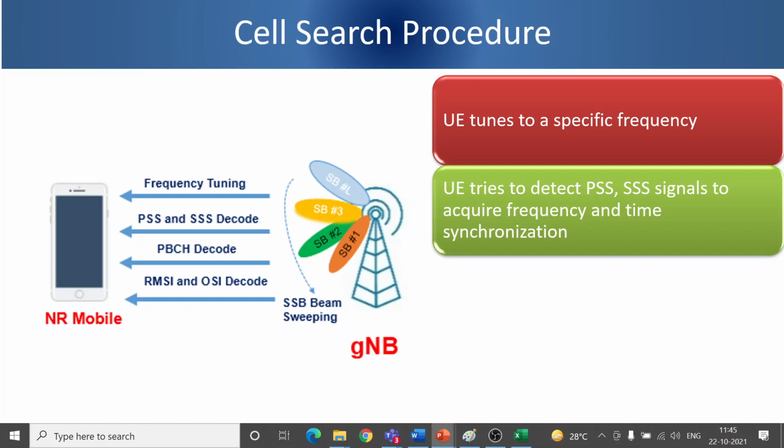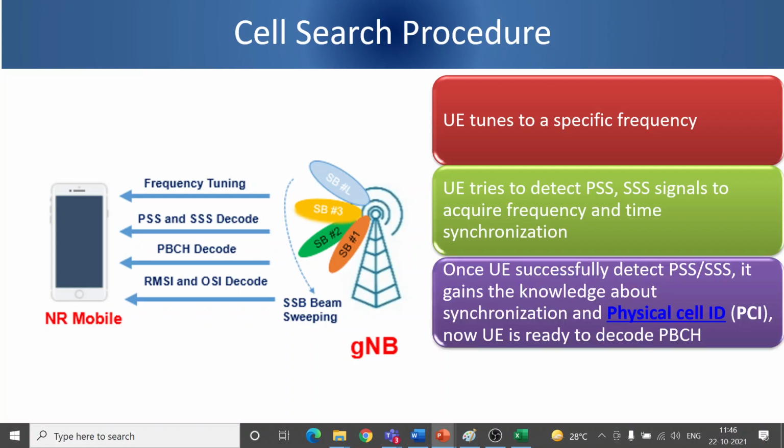Later on, with these three it can further detect the remaining system information, RMSI, and also other system information, OSI, and it will get the information about how it can later do the uplink synchronization. So up till now, these four steps.